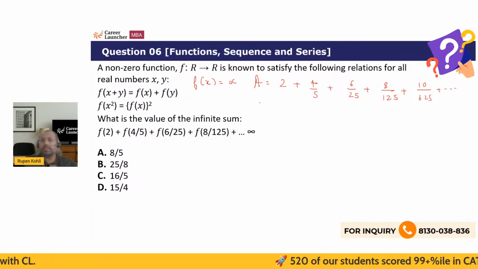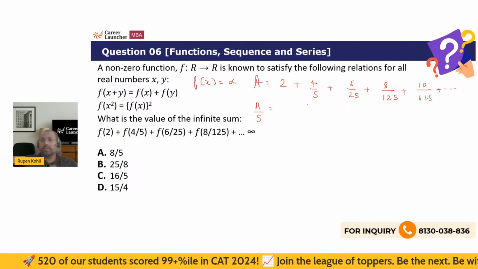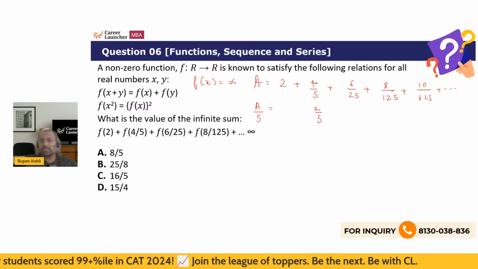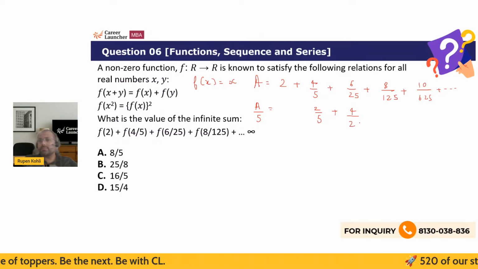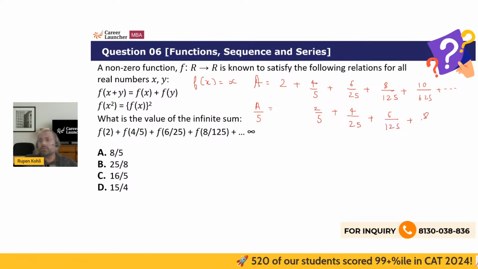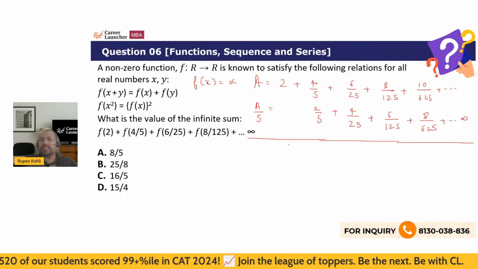So multiply this with the common ratio, which is 1 by 5. So A by 5 becomes 2 by 5. Write it below the next term so that the denominator matches and we can subtract easily: 4 by 5 becomes 4 by 25, 6 by 25 becomes 6 by 125, and so on.